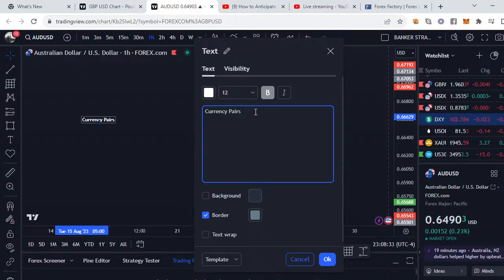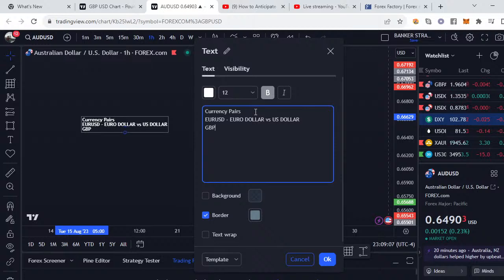The biggest pair that a lot of people know is the EUR/USD, which is the Euro versus the United States dollar. That's exactly what it is.